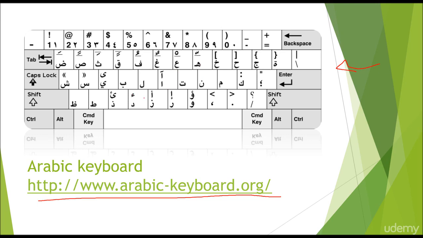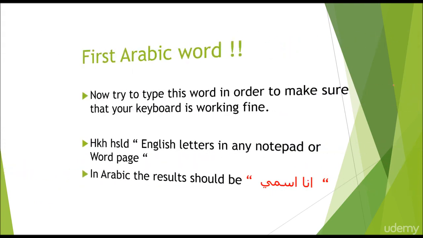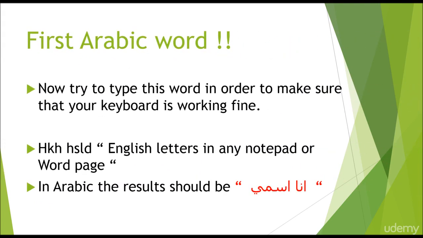So this is how you get a keyboard. If you already have an Arabic keyboard on your computer, that would be perfect. If not, you can do what I just told you.